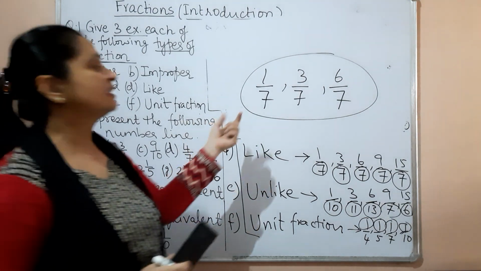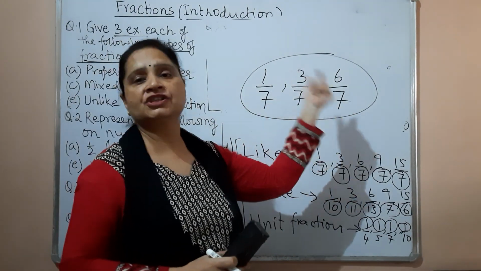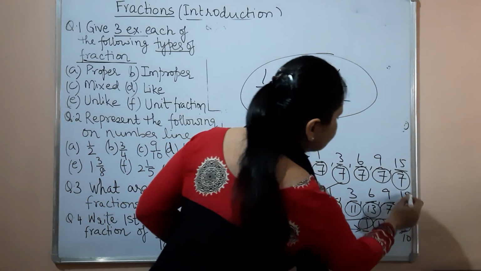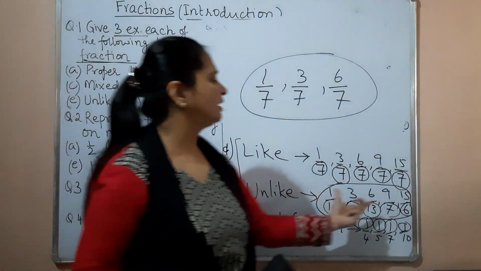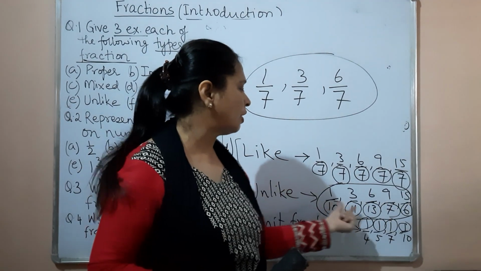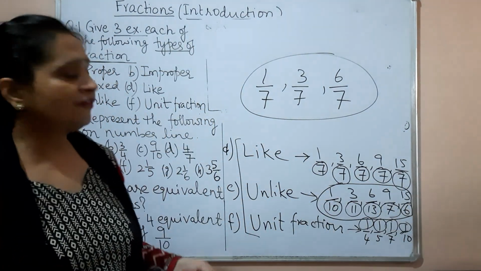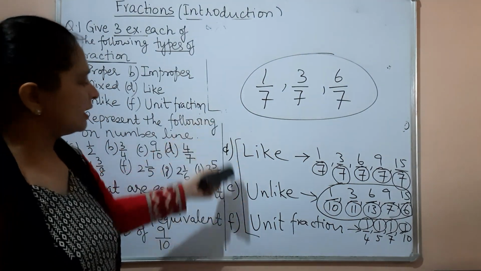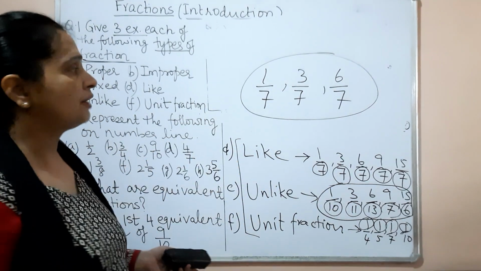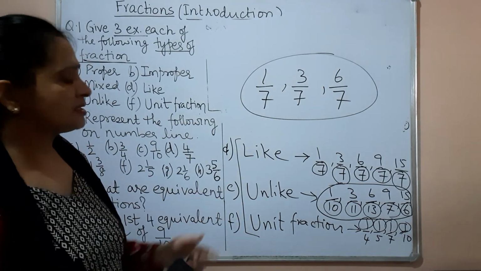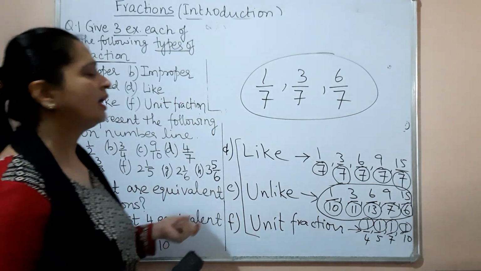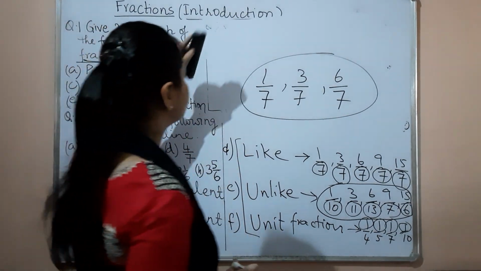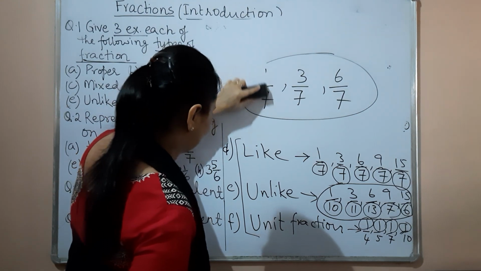Yes, it is like fractions because the denominator is the same. Is this whole group unlike fractions? Then we will say yes, they are unlike fractions because the denominators in this group are different. In the same way, unit fraction. So you have understood the different categories. All right. Tomorrow, or in the next video, I'll make you understand what like fractions are and the purpose or use of like fractions.